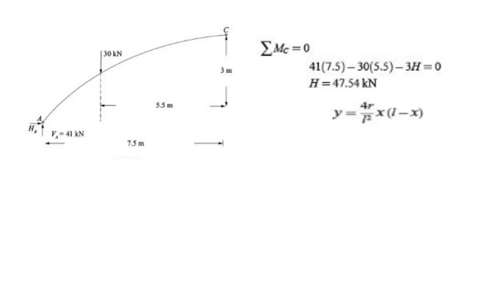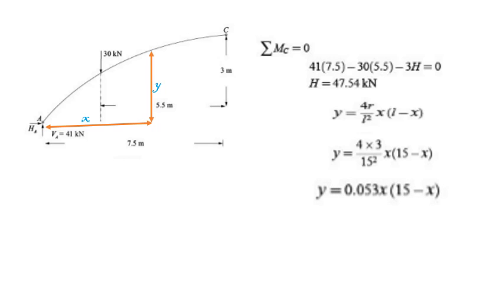Next, we have to remember, we have to find the internal forces at the quarter of the span. So we have to find out the distance y. We use the equation y is equal to 4r by L square into x into L minus x. So r or h is equal to 3 meter, L is 15 meter. So you get this equation, substitute x is equal to 3.75.